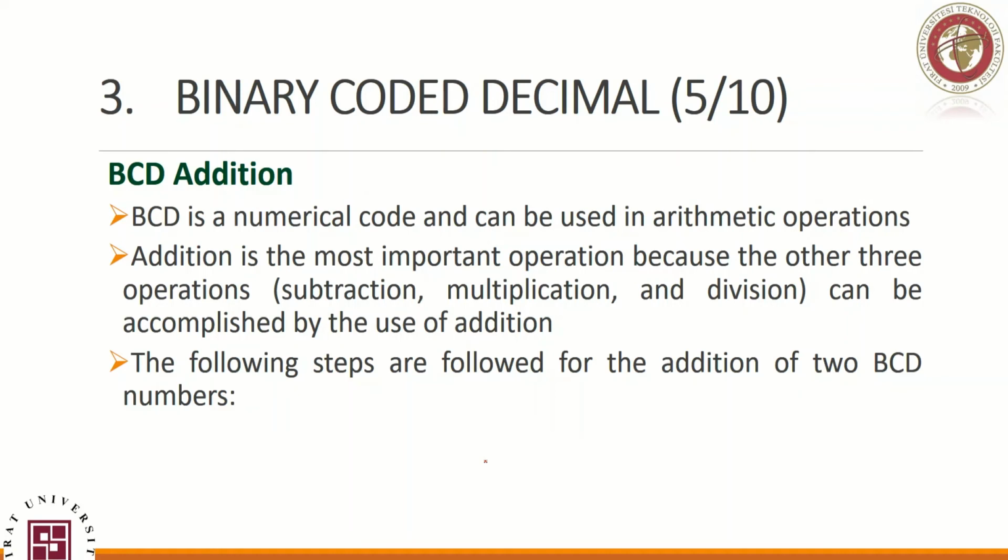Yes, it's a decimal code, a binary code that can be added. Why? Because we are coding decimal numbers to binary, so we can apply all arithmetic operations: add, multiply, subtract, divide, and so on.